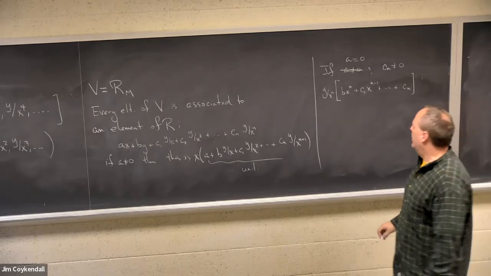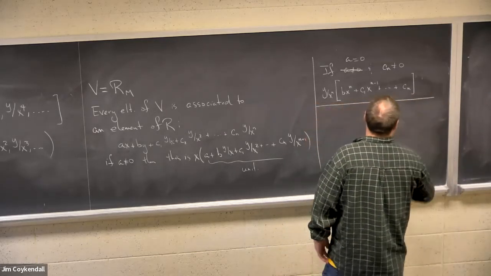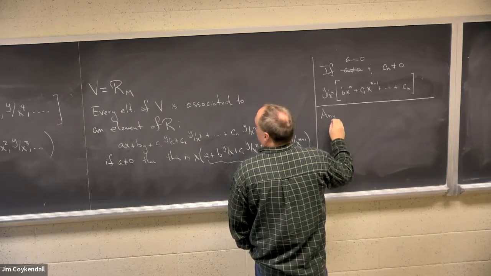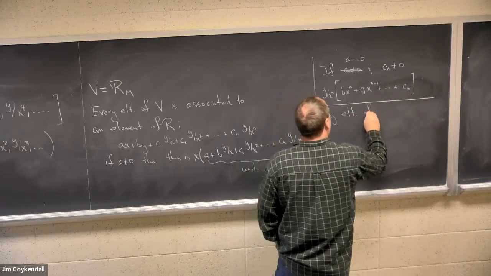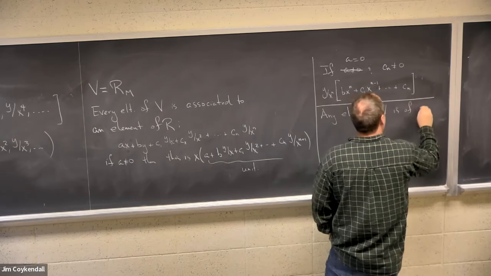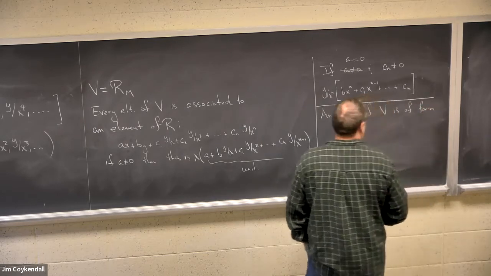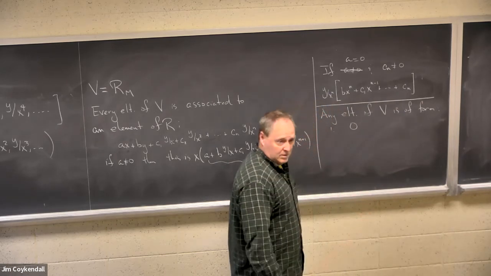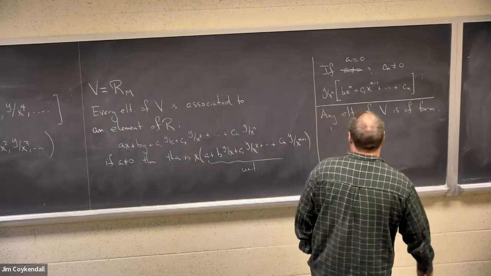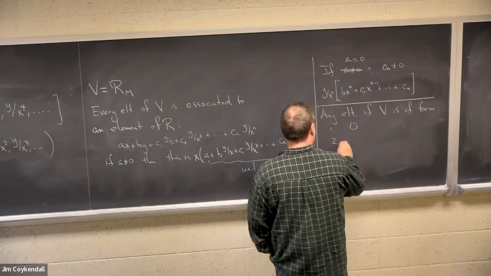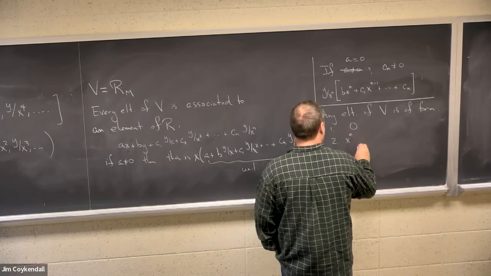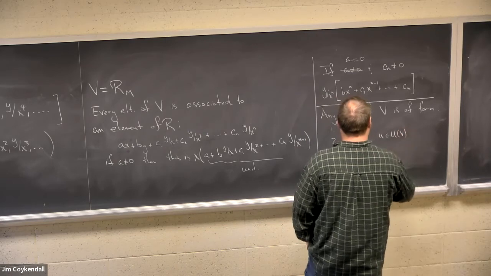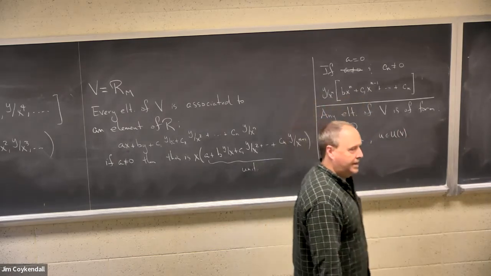And in fact, let me point out that the following can be shown. Any element of these is of the form 0, or a power of x times a unit.